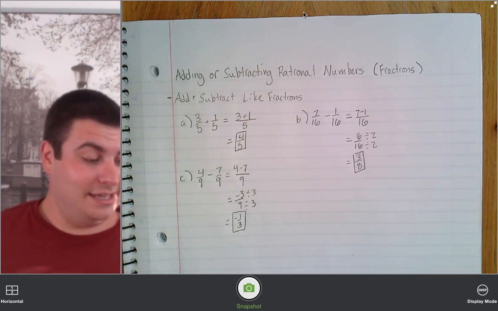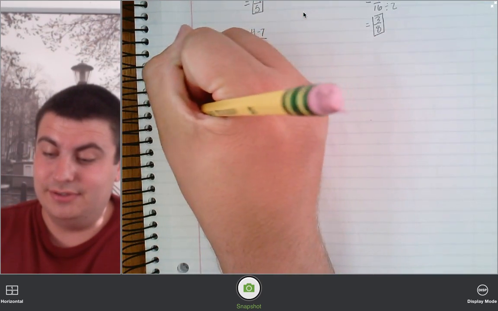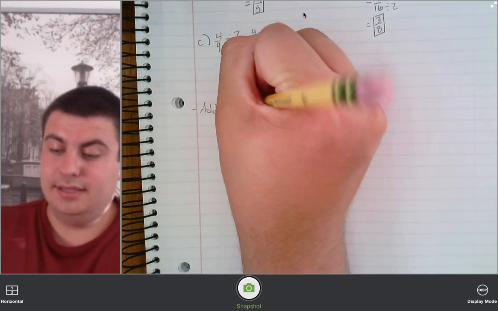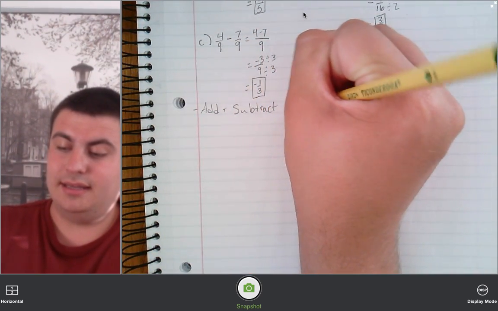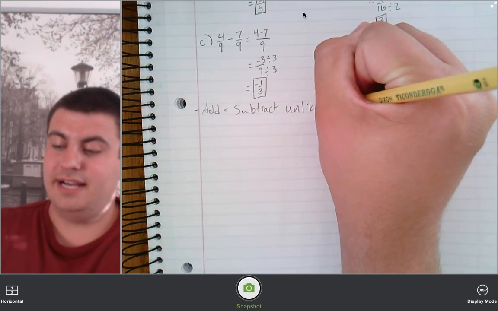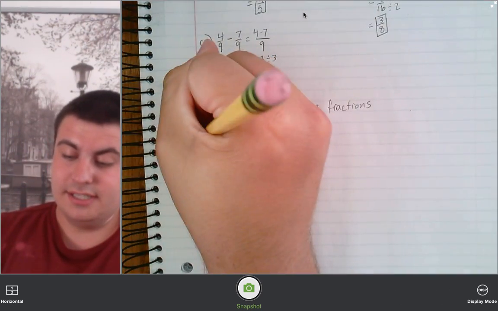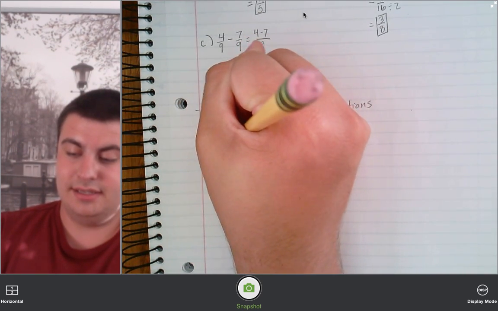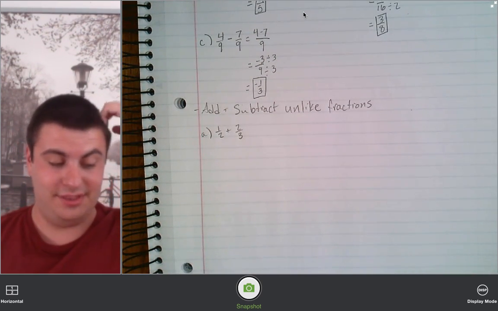Now, in the event that we have unlike fractions, if we are going to add and subtract unlike fractions, let's say that we have 1/2 plus 2/3.